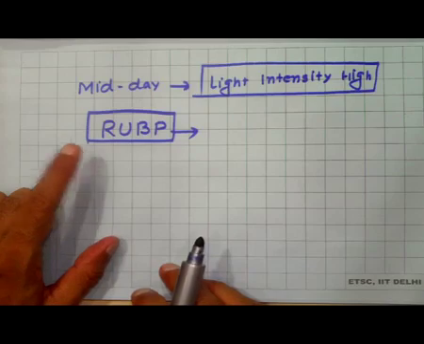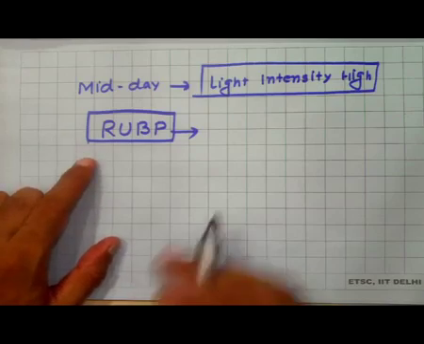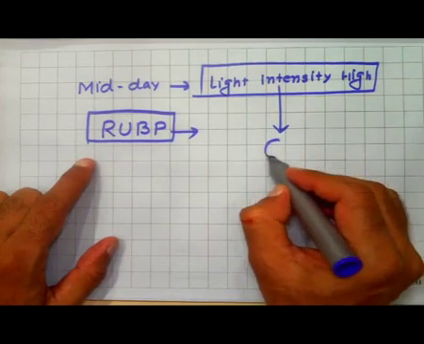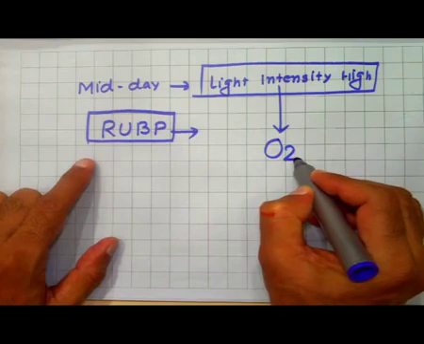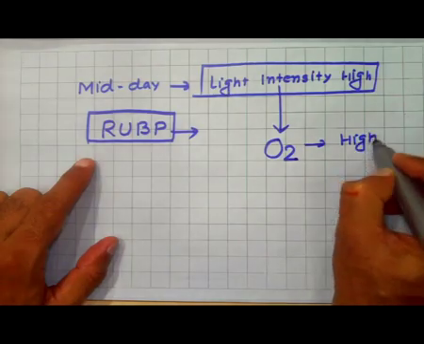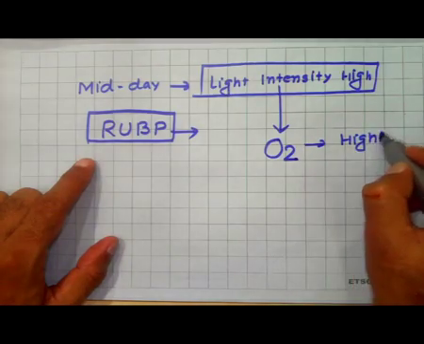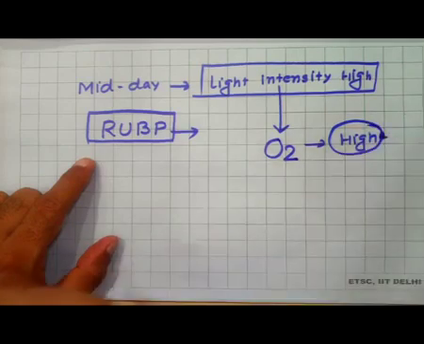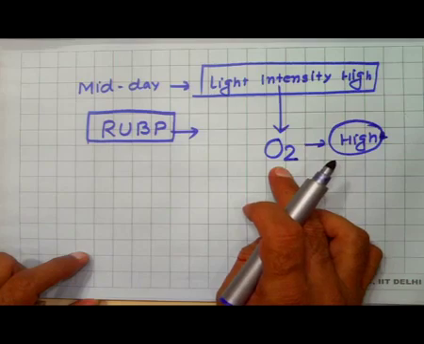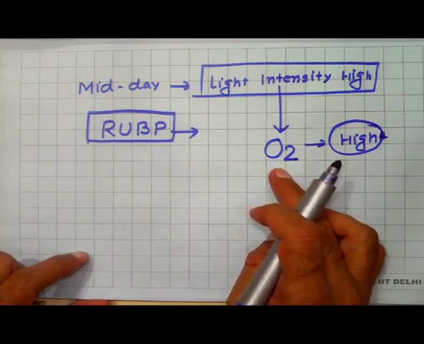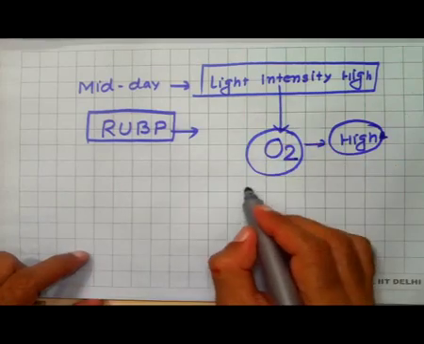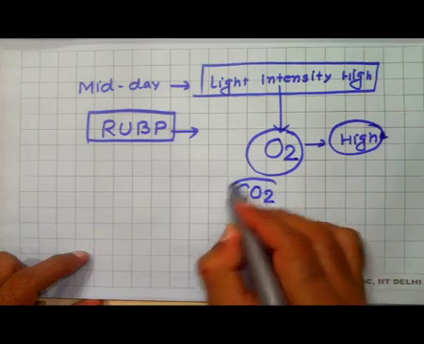There is dual nature of Rubisco. At high light intensity, the rate of photosynthesis is high, and oxygen concentration in the environment during the midday is high, because of photosynthesis. So the concentration of oxygen during midday, 12 to 2 p.m., there is a high concentration of oxygen present in atmosphere in comparison to the carbon dioxide concentration.